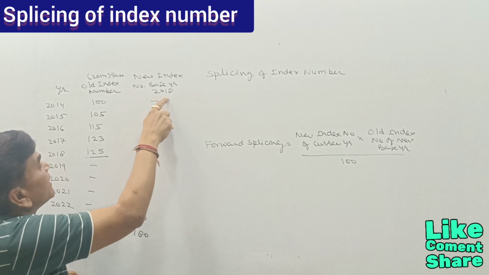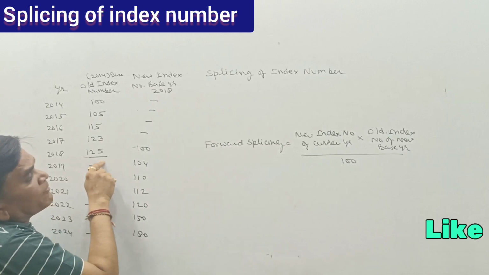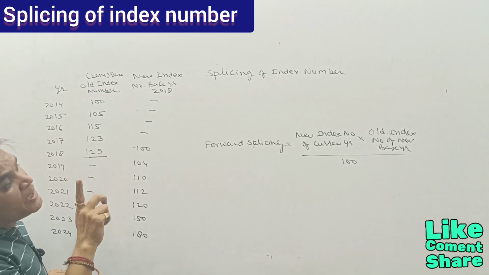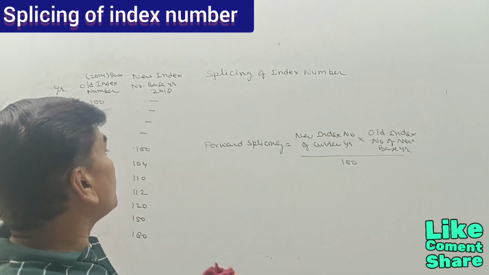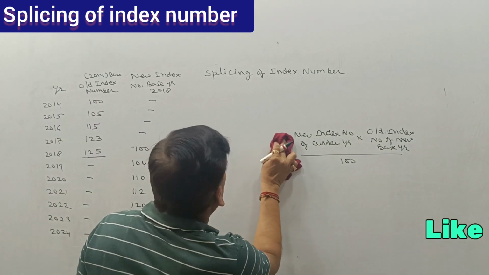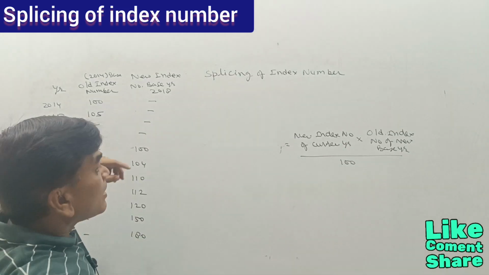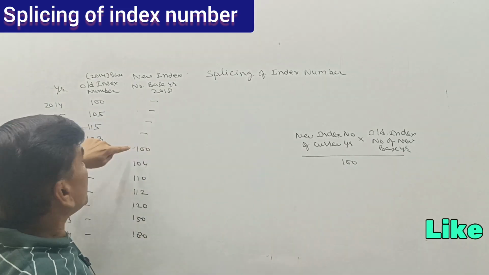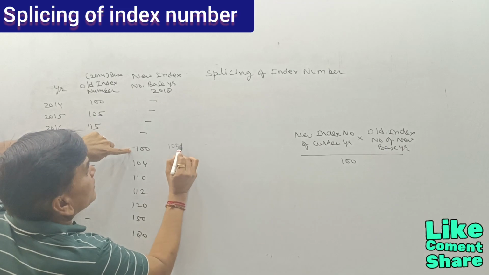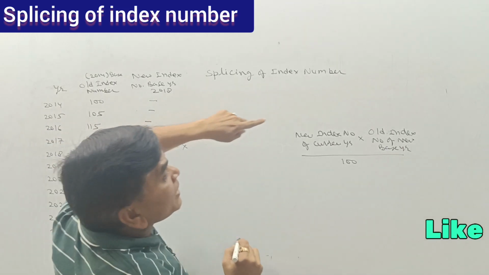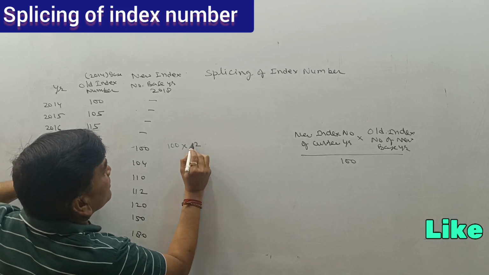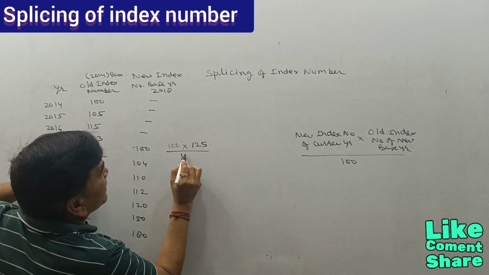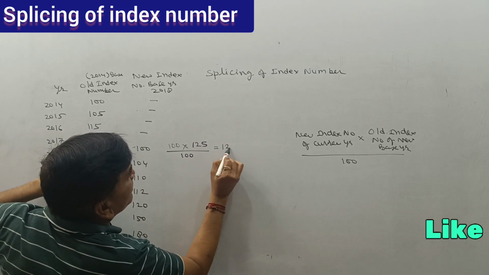In 2018, the old index number was 125. So this is very important for forward splicing. For the new index number of the current year, 100, the old index number of the new base year is 125, divided by 100. So that will be 125.